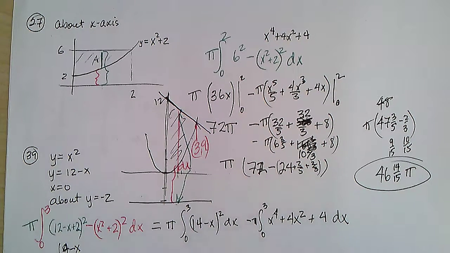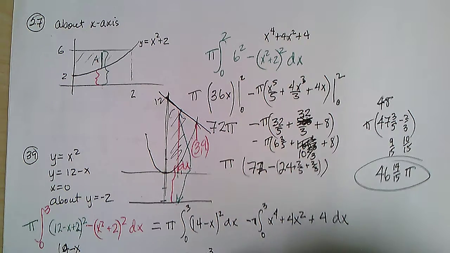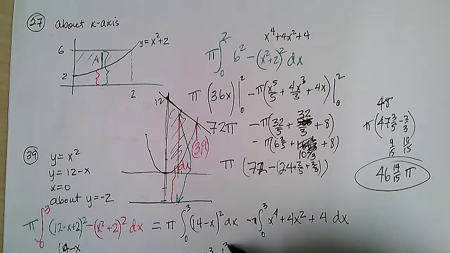Okay, the integral of this is going to be 14 minus x. The power rule would change this to a 3 and divide by 3, but the derivative would produce a negative. And that's times pi, evaluated from 0 to 3.